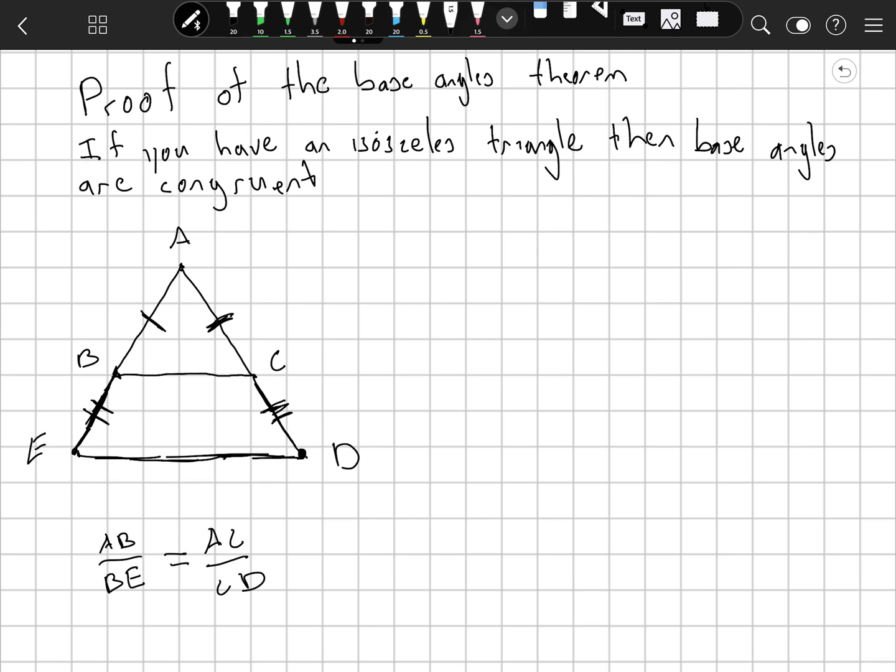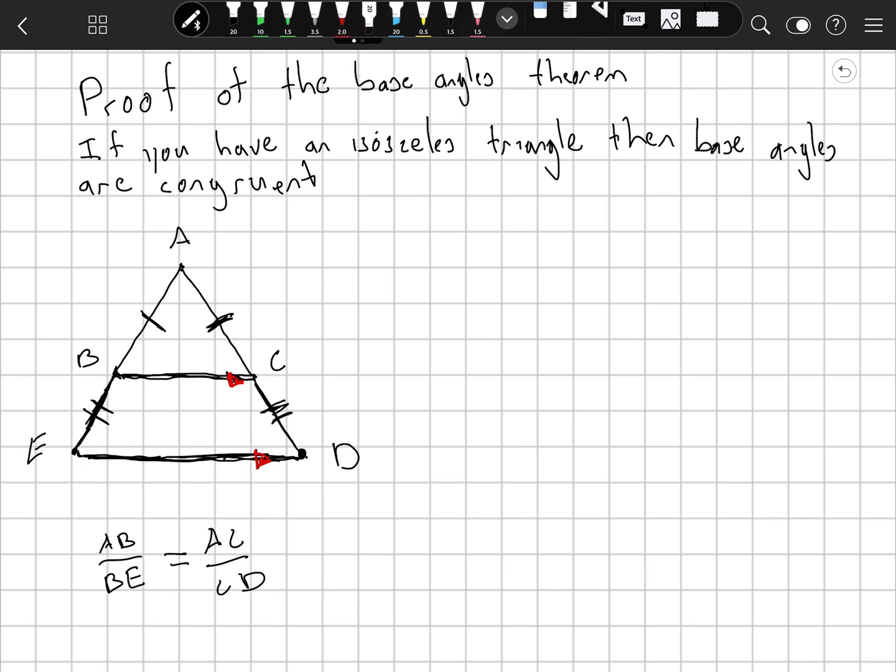So if these are proportional, we know a little bit of something about these two lines here. They have to be parallel. It's kind of a converse theorem. If you have proportional segments of lines in a triangle like this, then the lines are parallel. So we know those are parallel, so I'm going to put in a little triangle there, and let's do it in a different color so you can see it a little better. A little triangle there and a little triangle there to say that they're parallel.